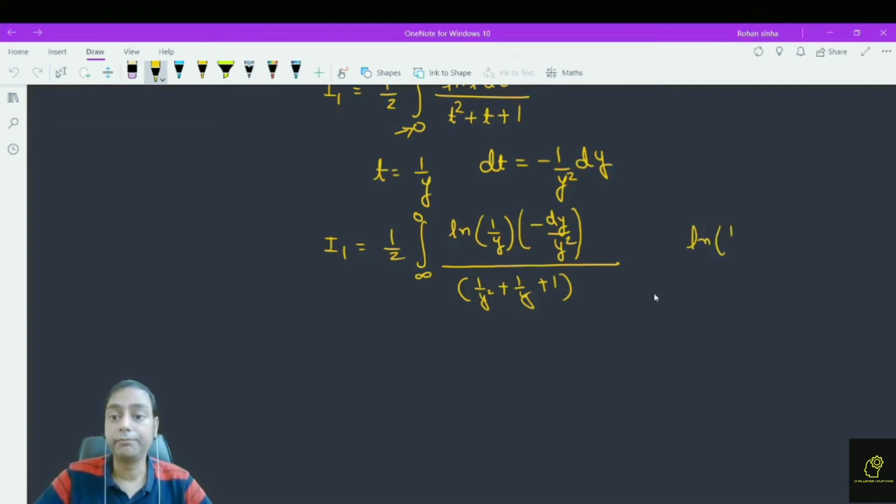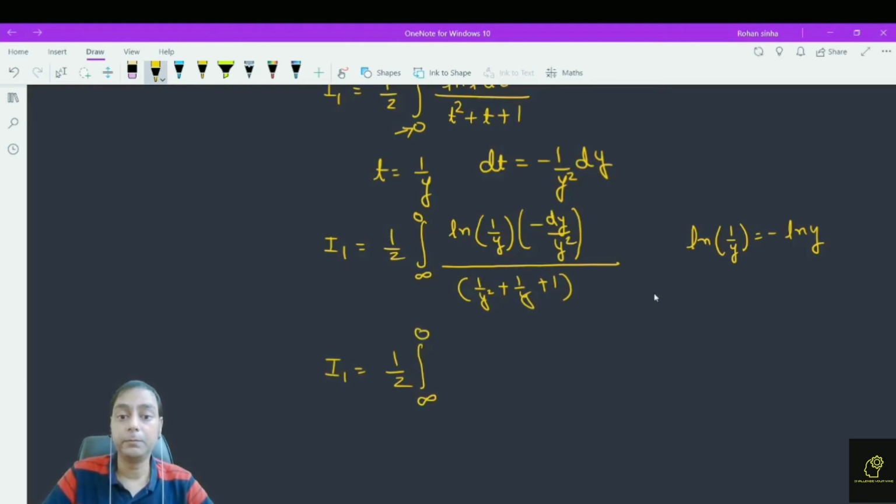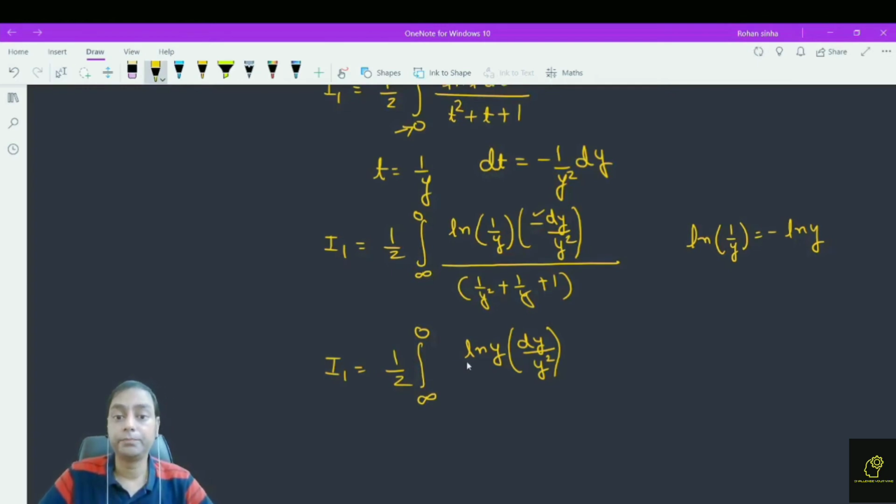Now, if we calculate this further, log of 1 upon y is the same as minus log y. So I1 is equal to 1 by 2, from infinity to 0, of minus log y, and dy by y squared, this is again a minus sign, so this minus will become plus, divided by (y squared plus y plus 1) by y squared.